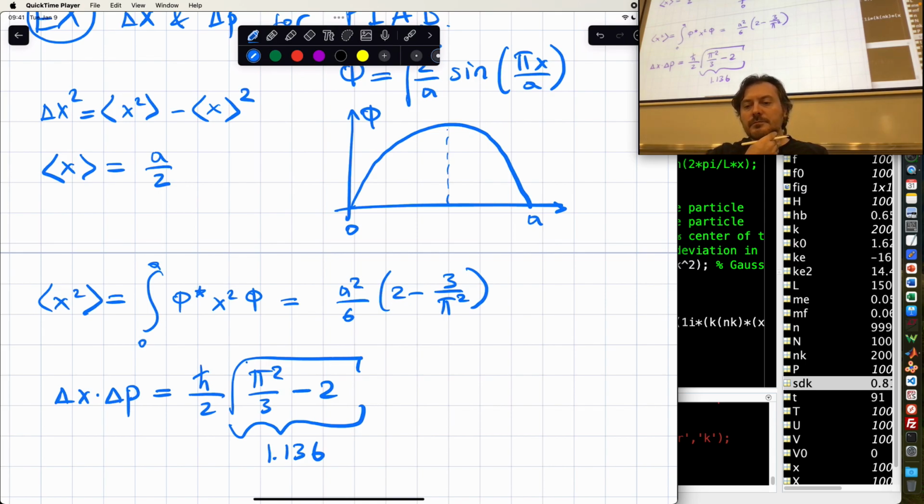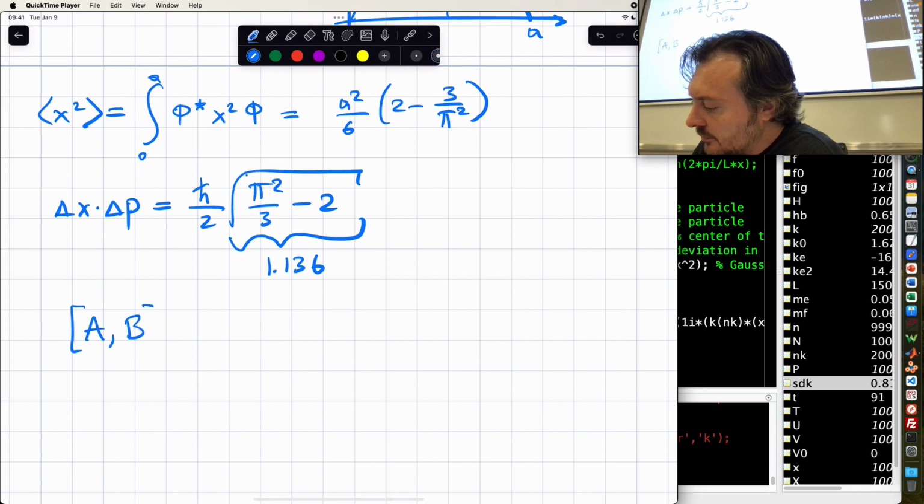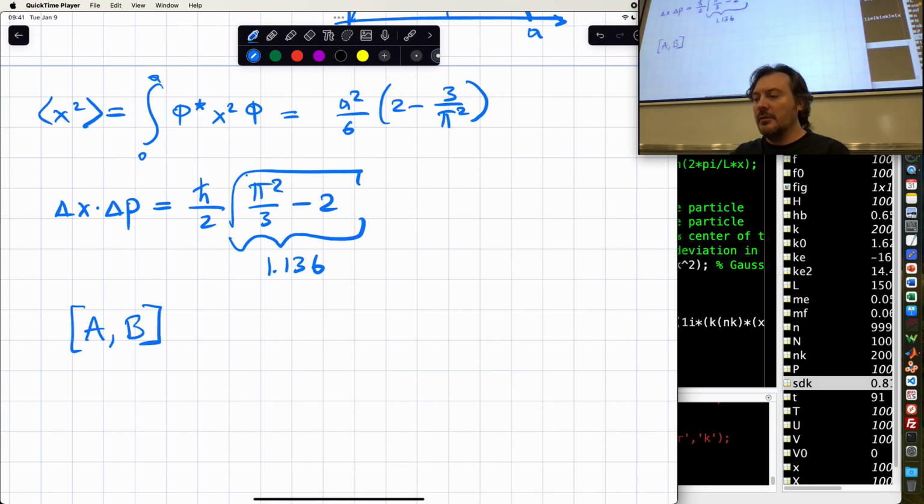So you can see that it's connected to the commutator, right? When the commutator is 0, then delta A times delta B is 0.